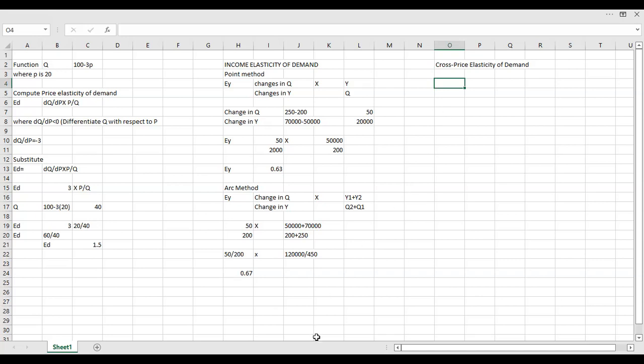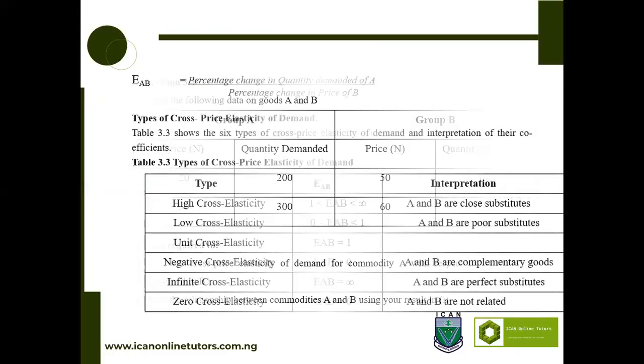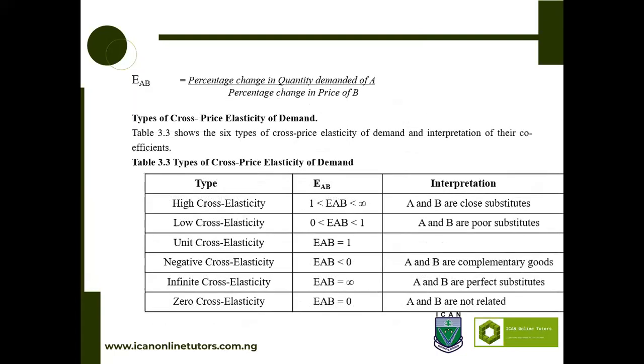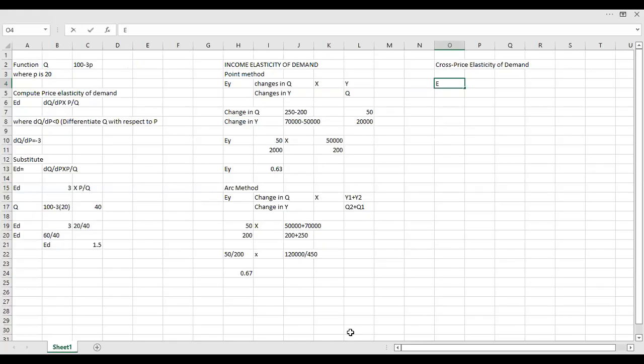The formula is given as EAB, which represents the percentage change in quantity demanded of A divided by the percentage change in price of B.